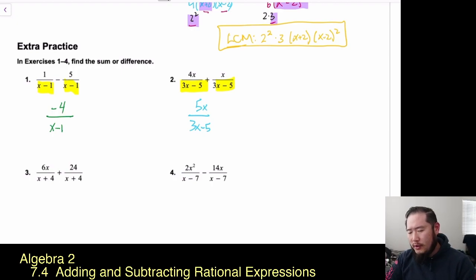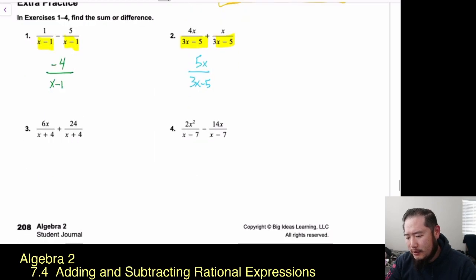Well, let's see what we could do here. We've got common denominators, so let's add the numerators, and I get 6x plus 24 all over x plus 4. If you can factor out more, then you better factor out as much as you can. Because it looks like right here, I could still factor things out.